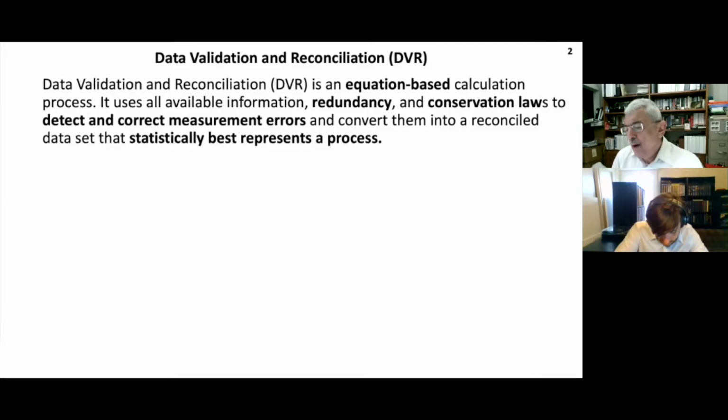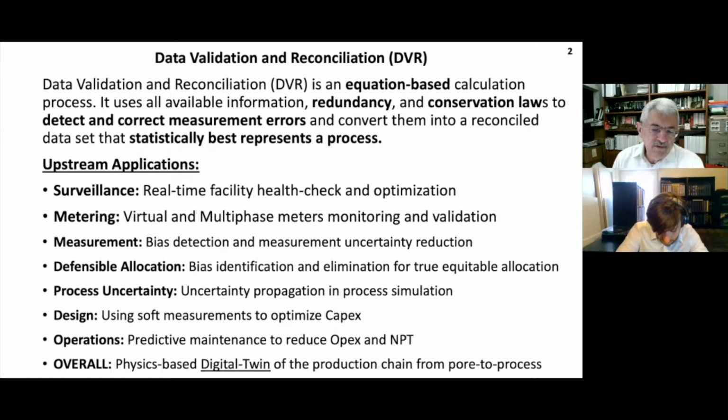When it comes to upstream in particular, there are a number of applications where DVR can come to apply. In particular, in the world of surveillance, doing surveillance real time for facilities, metering such as virtual metering and validation of multi-phase flow meters, in measurements about detection of bias and uncertainty reduction.